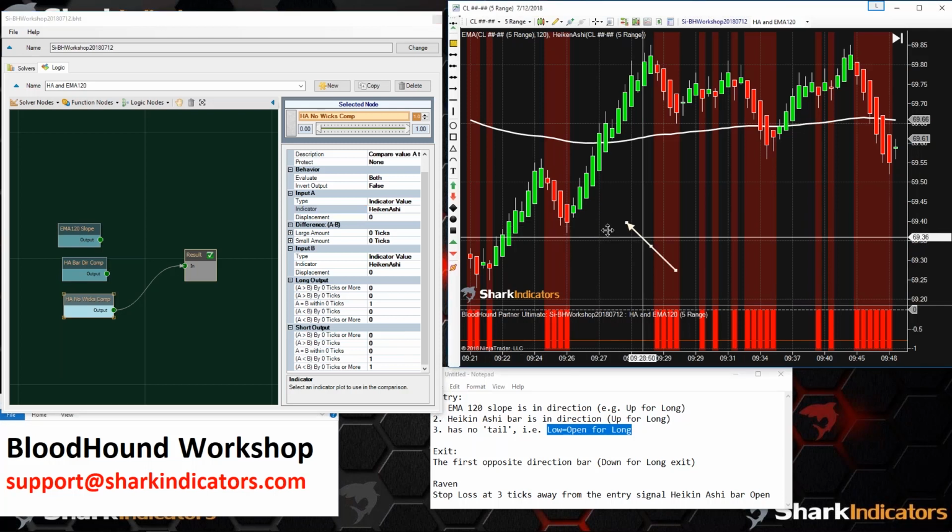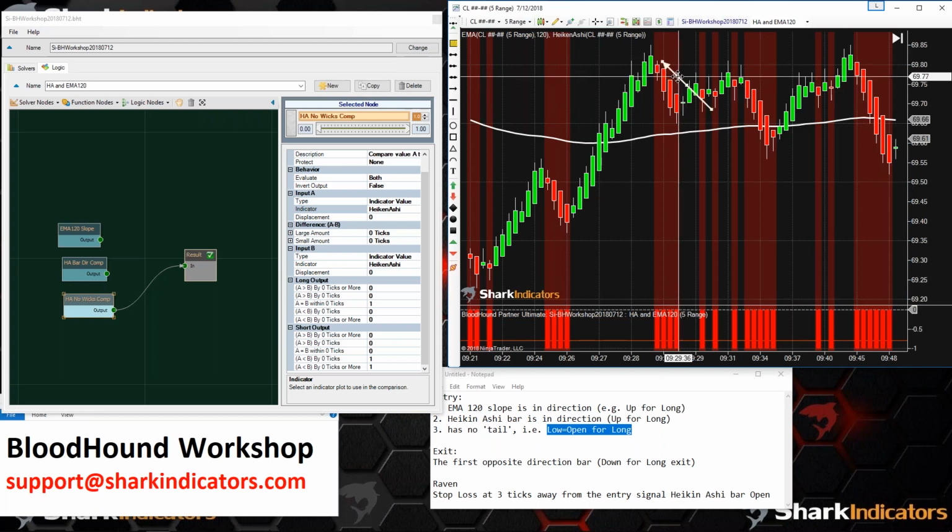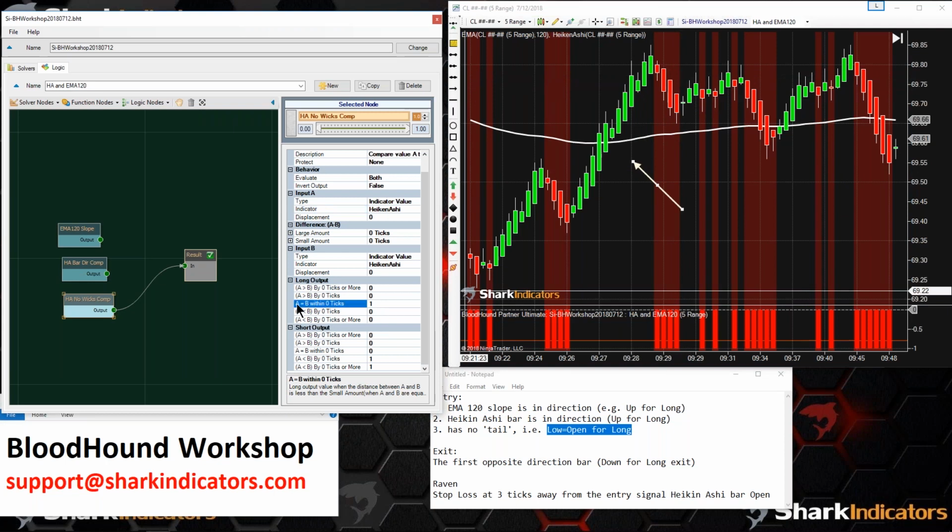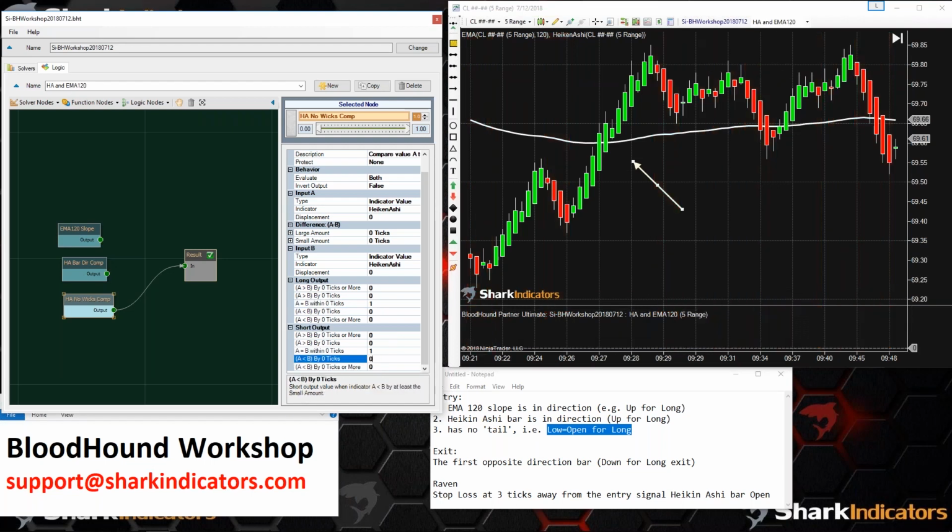If we're checking up bars, we're going to be using the low, and if we're checking down bars, we're going to be using the high price. So A will be the high or low price, and B will be the open price of the bar. Let's finish changing this output here.